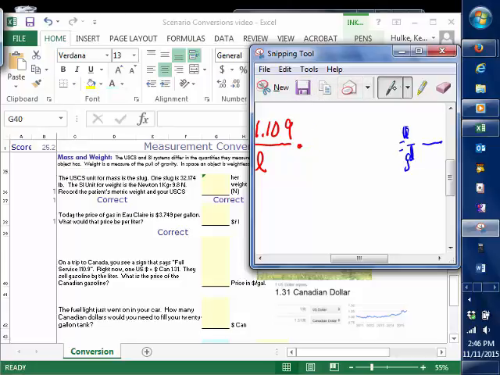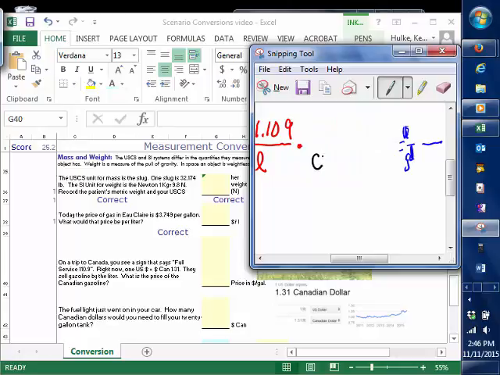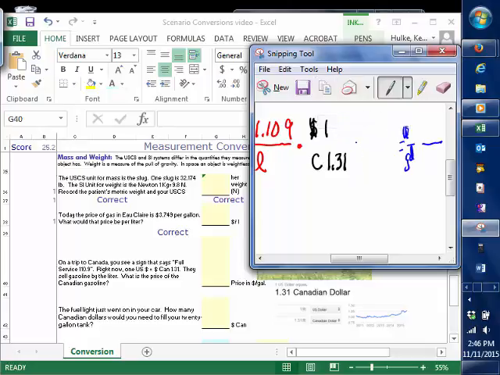Well, the first conversion factor is we want to switch the Canadian dollar into the US dollar. Now, it says here, 1 US dollar is 1.31 Canadian dollars. And then we have one more conversion factor. I'm going to switch to blue.